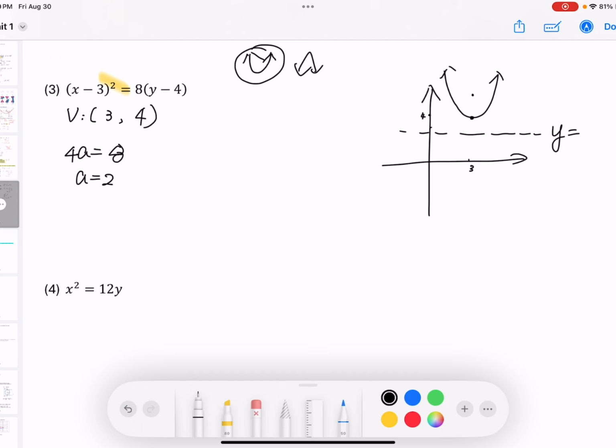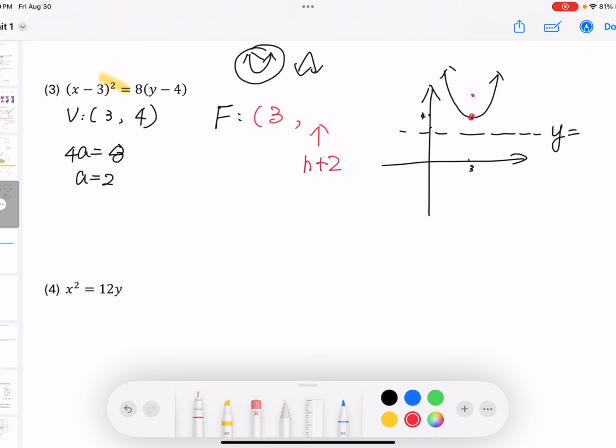Okay, what is the focus? The focus and the vertex are on the same vertical line. That means they have the same x value. So let's borrow the 3 from the x part of the vertex. And then here we use the h plus a.